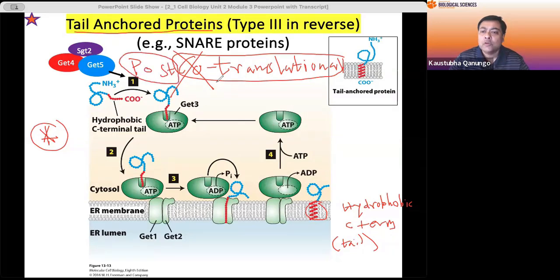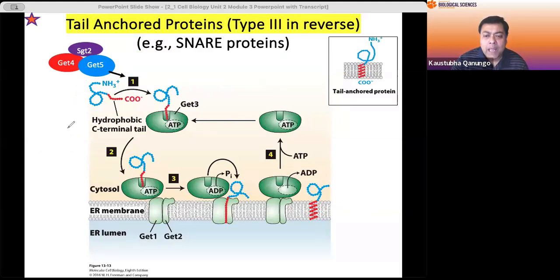Remember that I introduced that word: post-translational means the protein is entirely synthesized in the cytosol, and only the protein is brought onto the translocon, not the ribosome. The ribosome synthesizes the entire protein in the cytosol, so translocation happens post-translation, not simultaneously. So this is an exception.